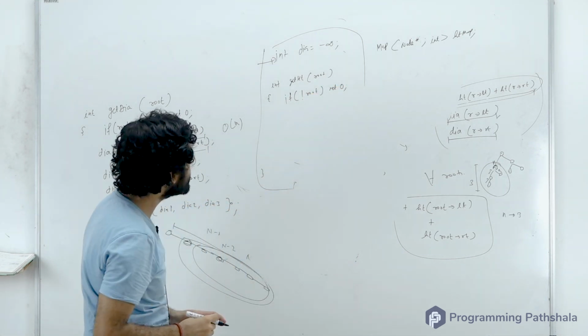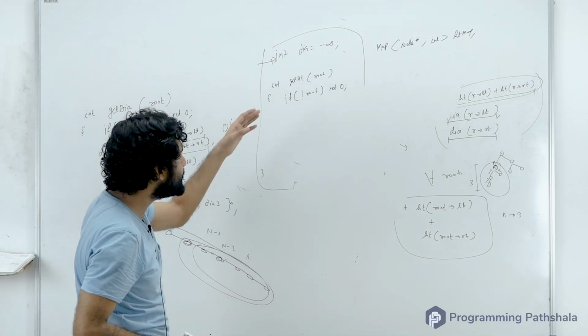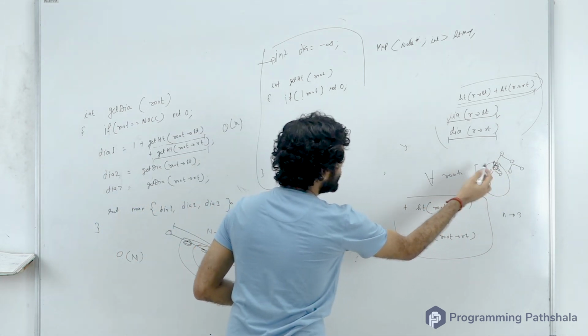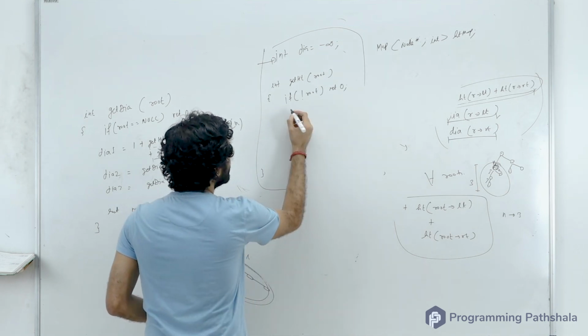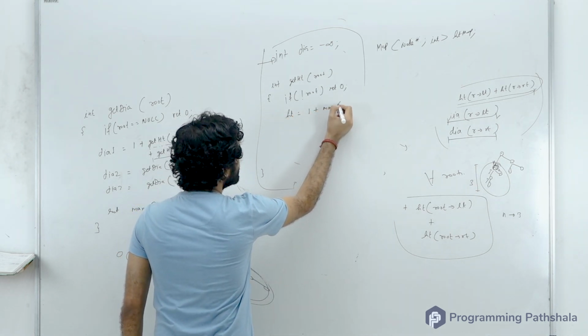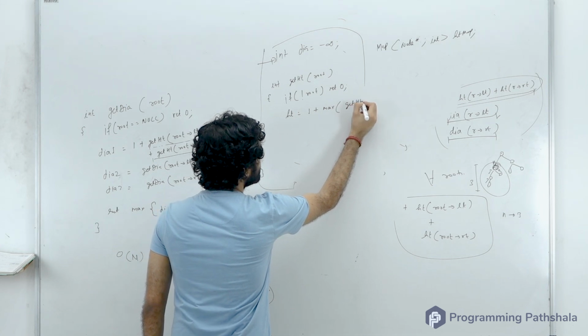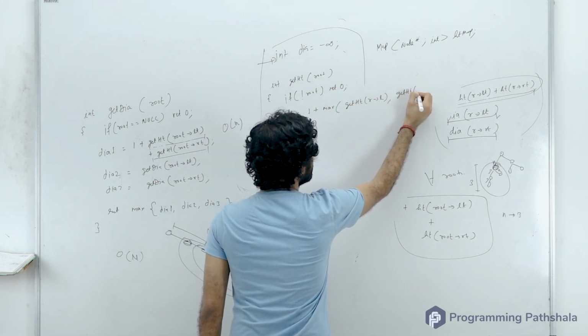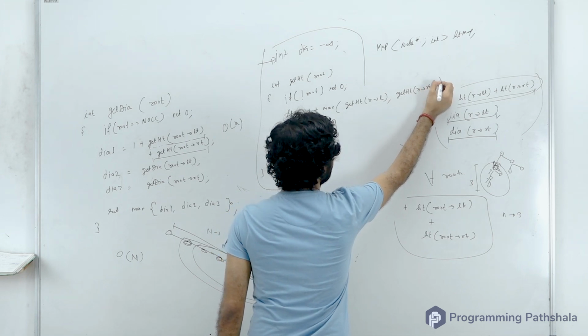Otherwise, you figure out the height of the node which is rooted at this root. So height equals 1 plus max of get height root left, comma, get height root right, which is the right subtree.